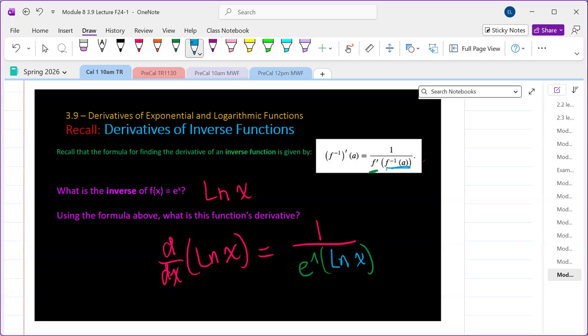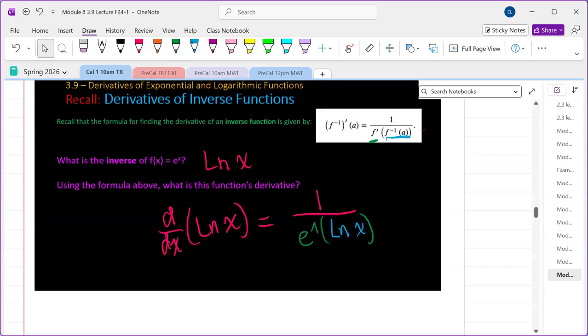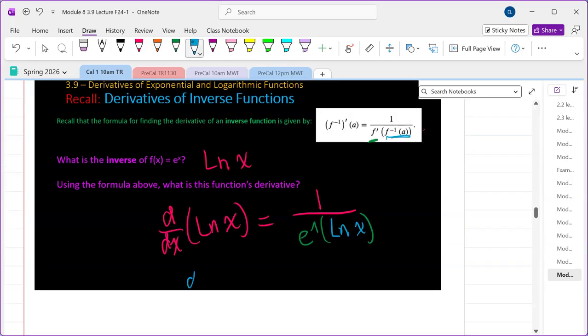But e to the natural log of something, e and natural log cancel each other out. So we actually end up with the derivative of the natural log is 1 over x. So not quite the laziest derivative, but pretty lazy.